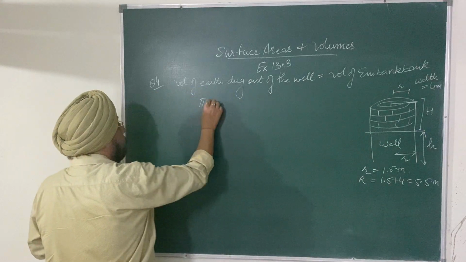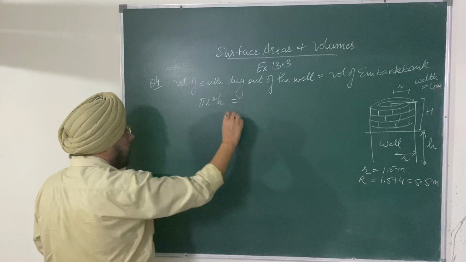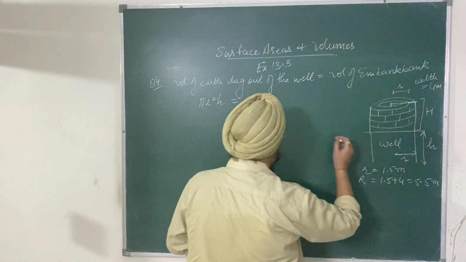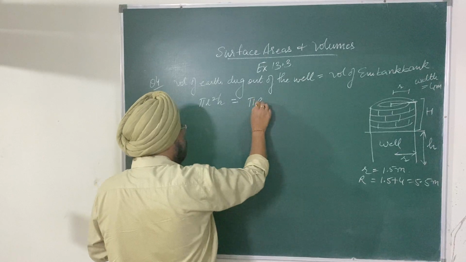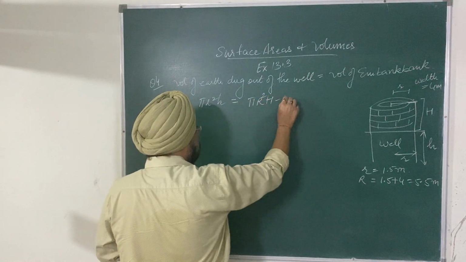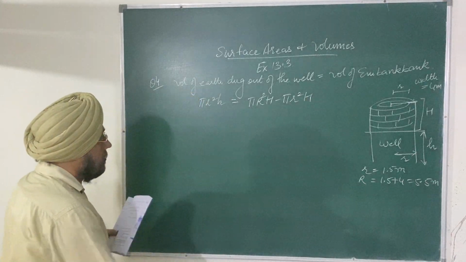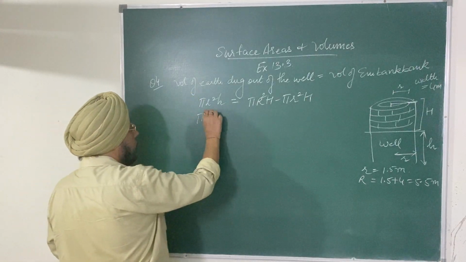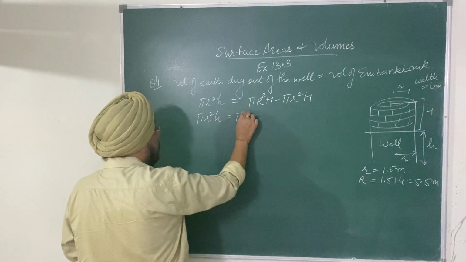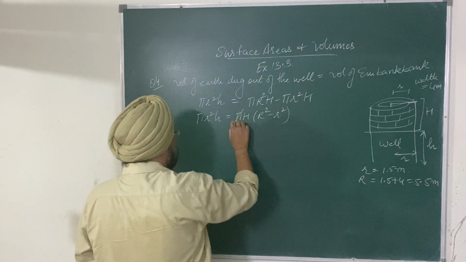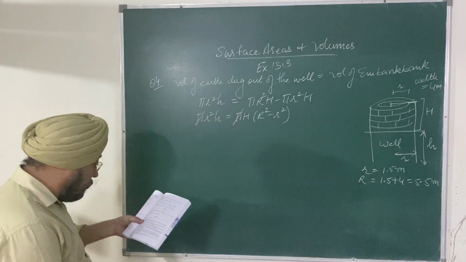So the volume of well will be pi r square h because it is cylindrical in form, and the embankment, since it is a hollow cylinder, its volume will be the volume of the outer cylinder minus the volume of the inner cylinder. So again let's take the common value. This is pi h, R square minus r square. Pi is cancelled with pi, and you can substitute the value.